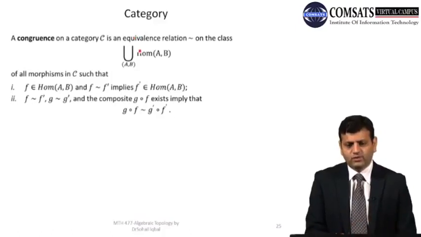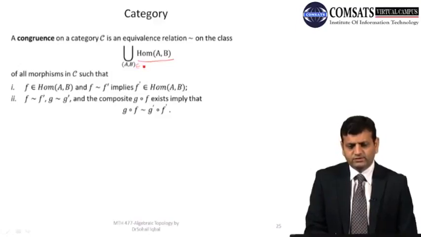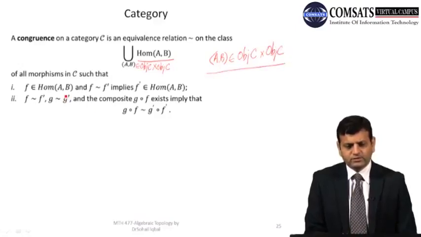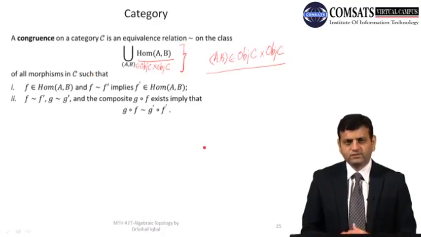So we are taking the union of all hom(A, B), and these A and B belong to the objects, of course, so (A, B) is an element of objects of the category C cross objects of the category C. So it's an equivalence relation on this set satisfying certain properties.